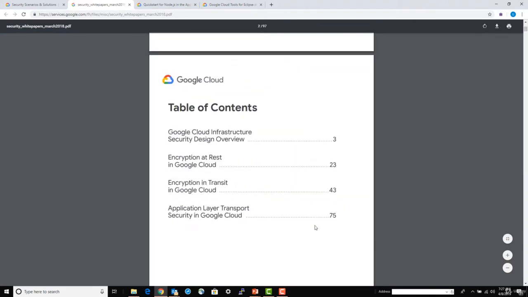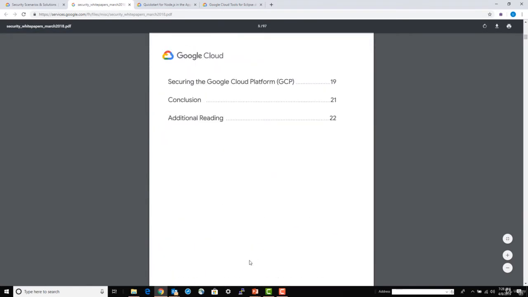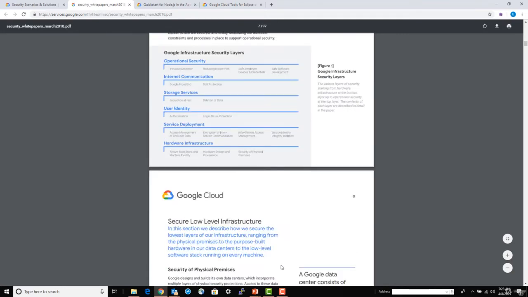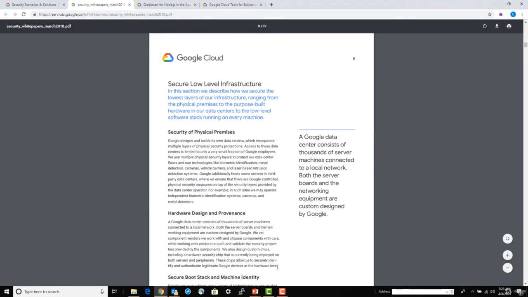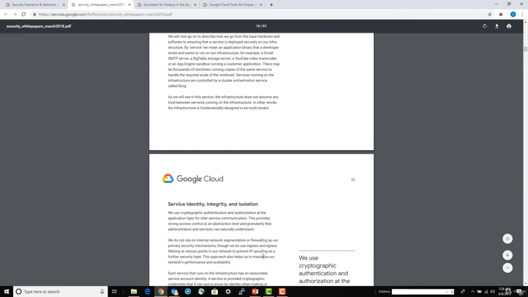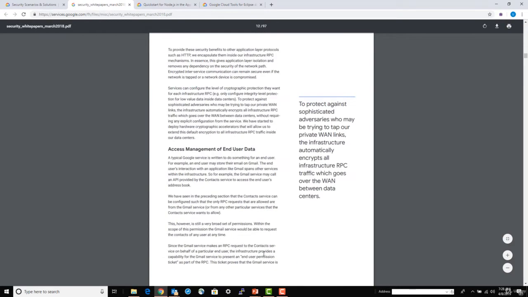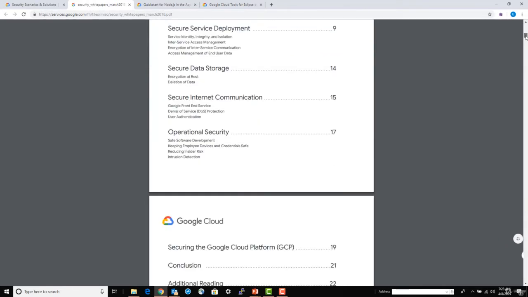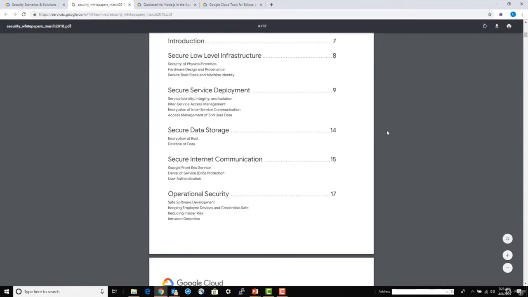This is very important: how you can protect your own data. It's not only a single white paper; there are different white papers based on the type of service you are using, whether it is infrastructure or your own application. They have given you the complete set of security measures which you can use and implement.